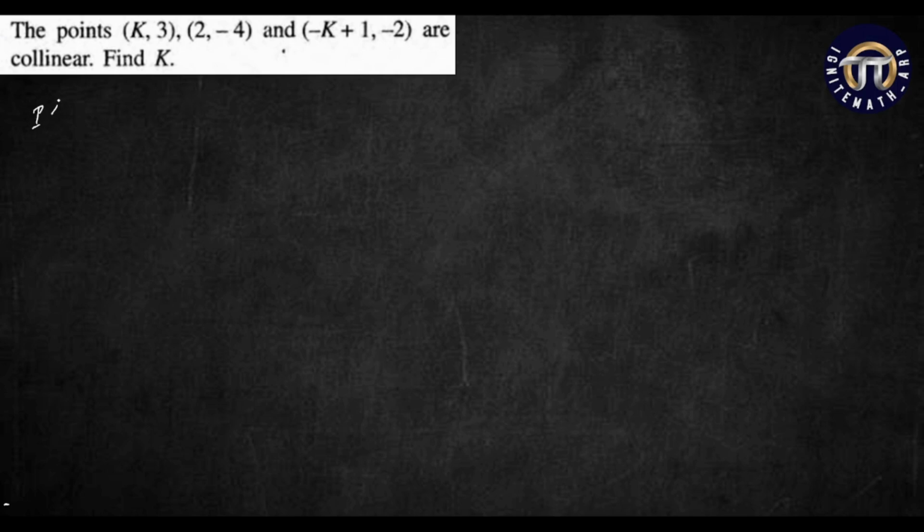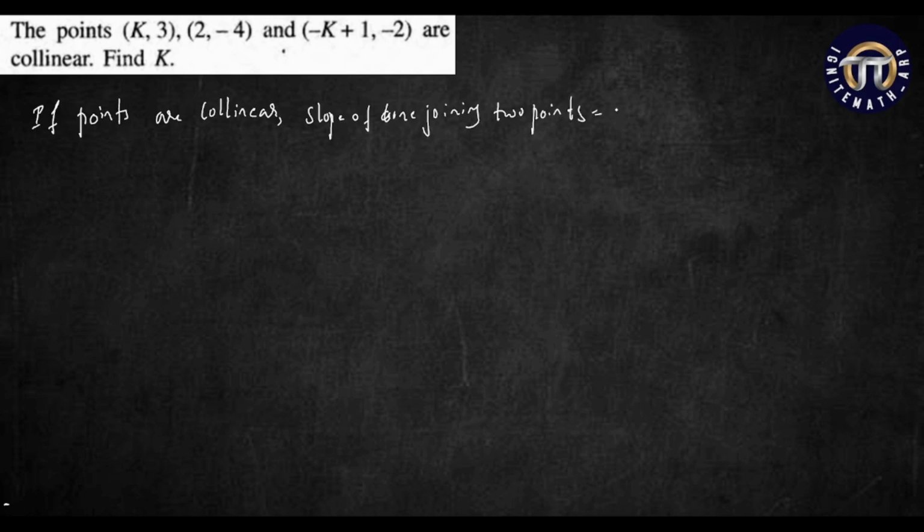So you must know that if points are collinear, then the slope of the line joining any two points is equal to the slope of the line joining the other two points.